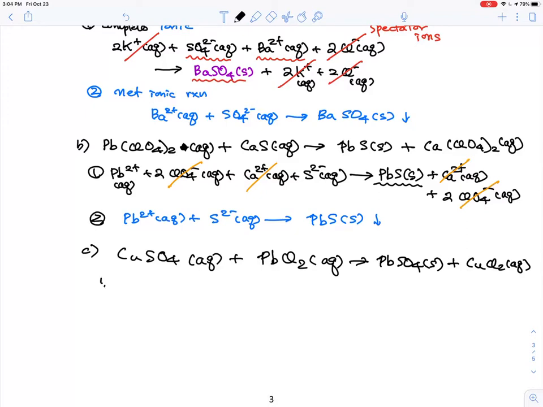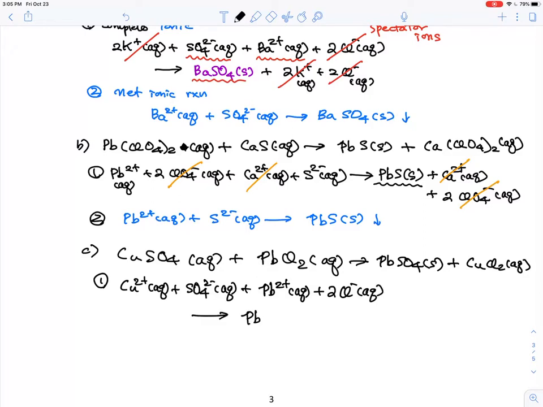But ionic-wise, if I show all the complete ions involved, copper SO4 is in reality Cu 2 plus aqueous ions and SO4 2 minus aqueous ions, Pb 2 plus aqueous ion, 2 times chlorine minus aqueous ion, forming PbSO4 solid, and copper 2 plus aqueous ion, 2 times chlorine minus aqueous ion.